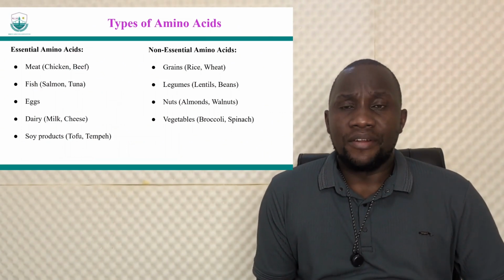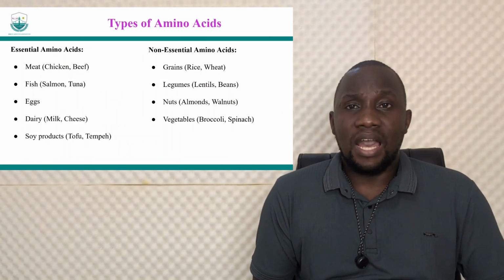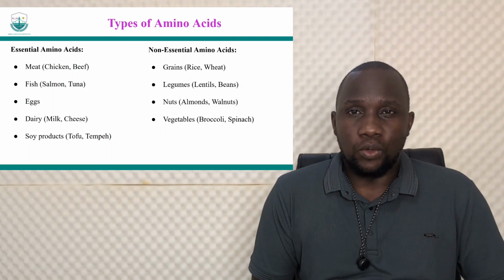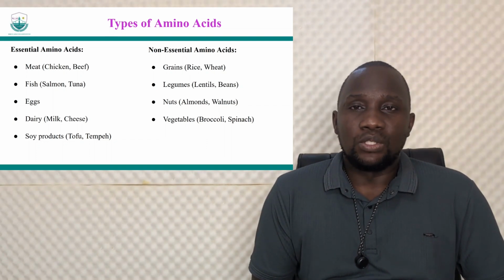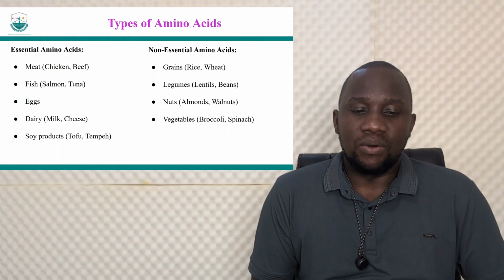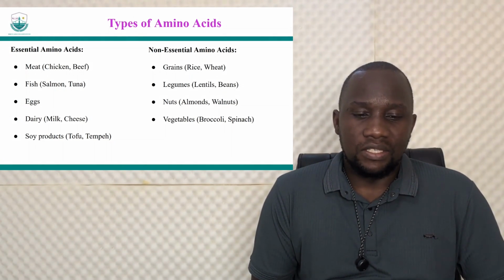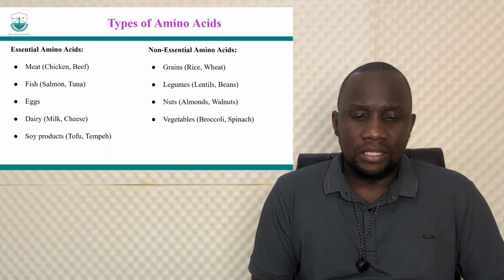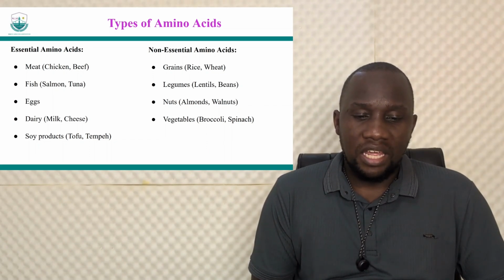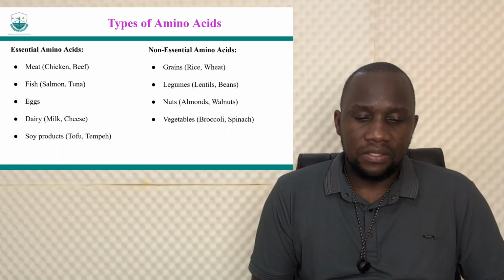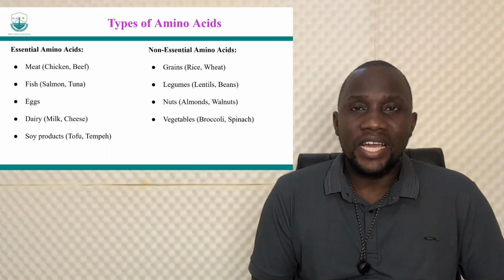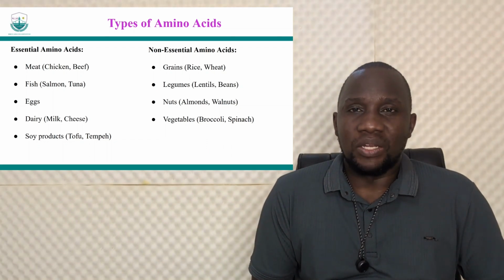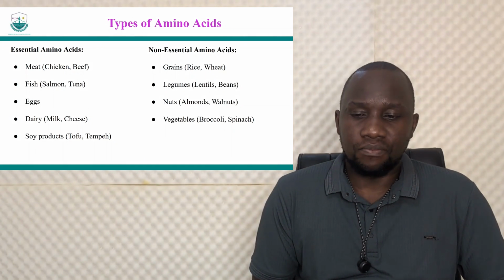But remember, amino acids can be obtained from the diet that we eat, and we say those are essential amino acids. So if we eat, for example, meat, chicken, whether beef, fish, eggs, dairy products, cheese and milk, soya, and the rest, we can get essential amino acids from the diet.